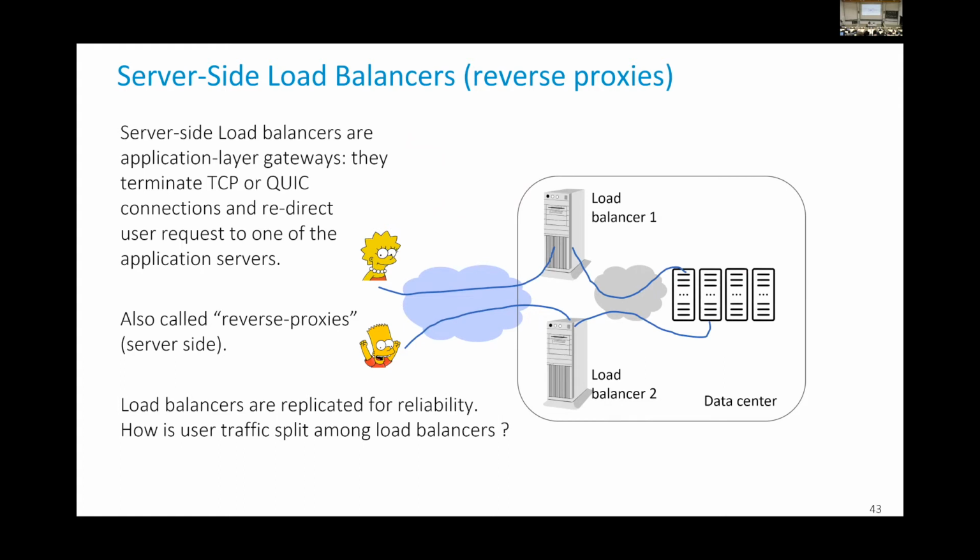Here is another example where the end-to-end principle is broken. When you go to a data center, this is typically what happens. We've seen that we can use the DNS to decide to which data center we go. But inside the data center, there's again the same problem. The data center is thousands or tens of thousands of servers.